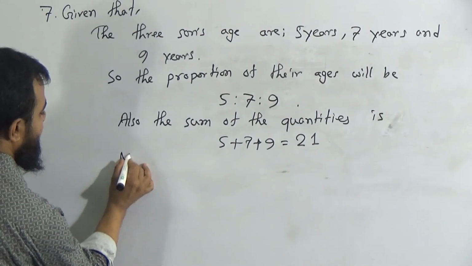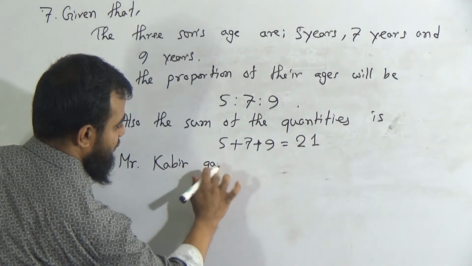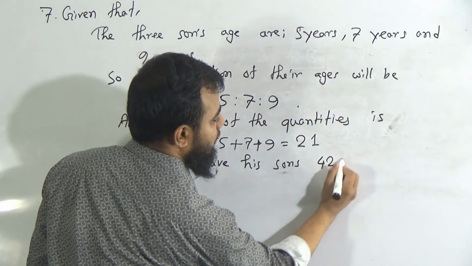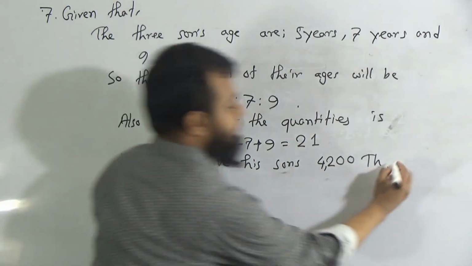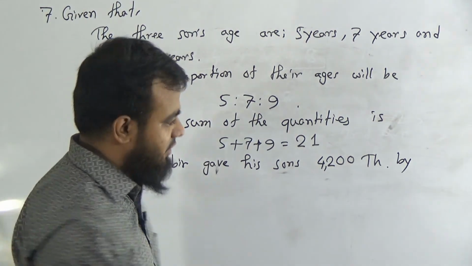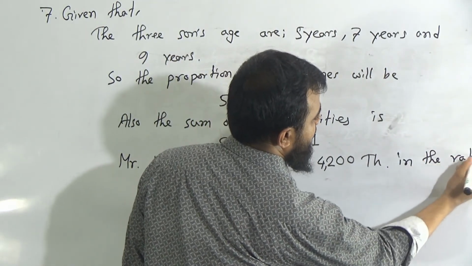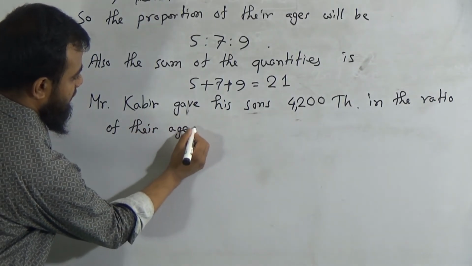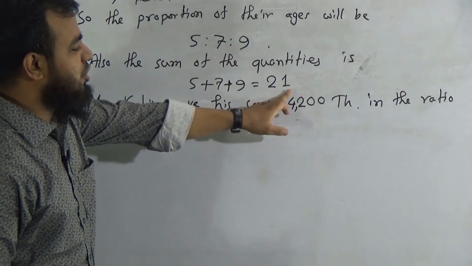Mr. Kabir gave his sons 4,200 taka in the ratio of their ages.